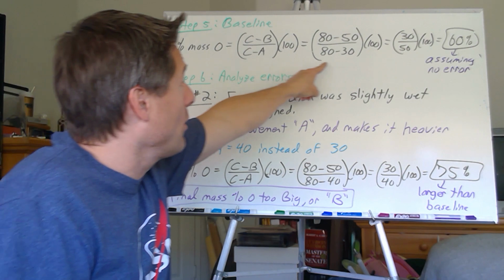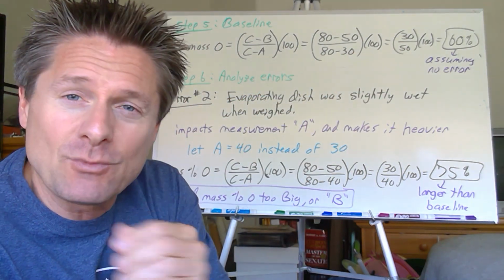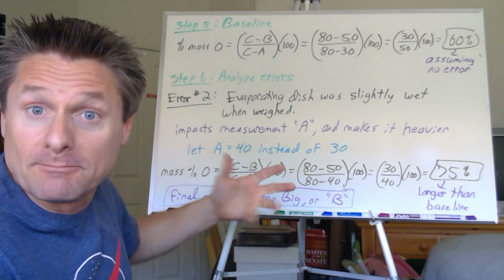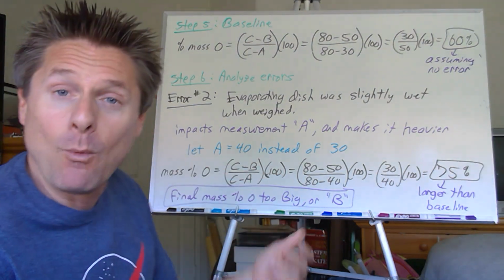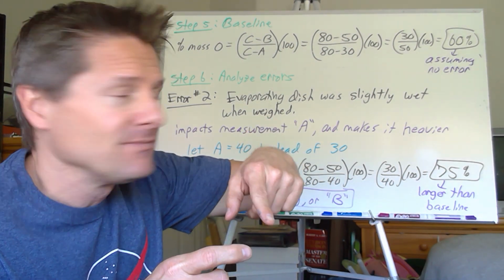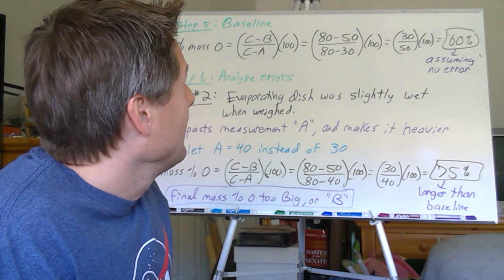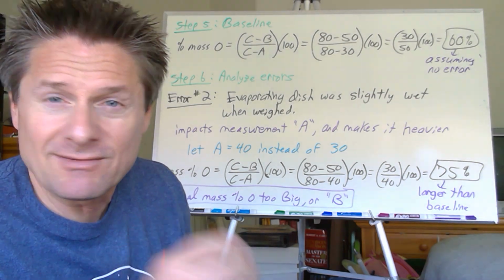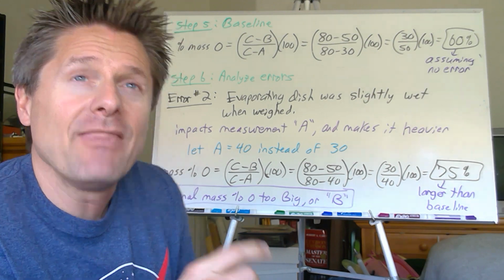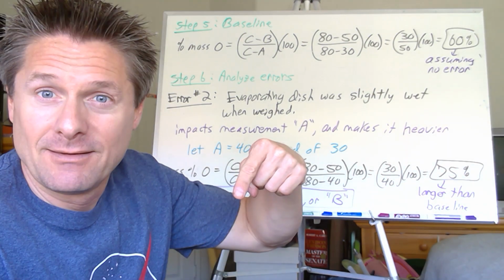So A was normally 30, the empty evaporating dish, and we're assuming a dry one would be 30. So let's say it's 40 instead of 30. Let's recalculate. And what happens, though, is when you put the iron in and weigh it again, and then heat it, there's a couple assumptions, right? There's always a few assumptions. So you weigh it, and then you put the iron in, all right?